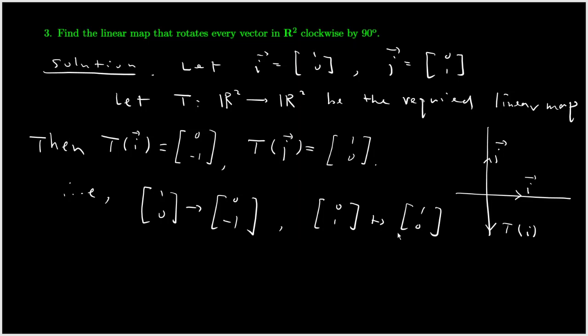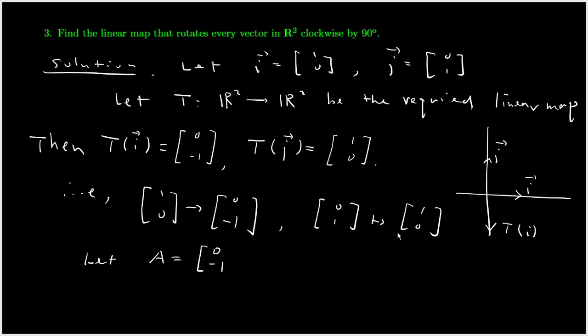In any case, we are looking for a linear map. Now we can form a matrix, right? Now let A be the matrix given by the outputs of the standard basis vectors. The first column has (0, -1), so we have seen that many times.